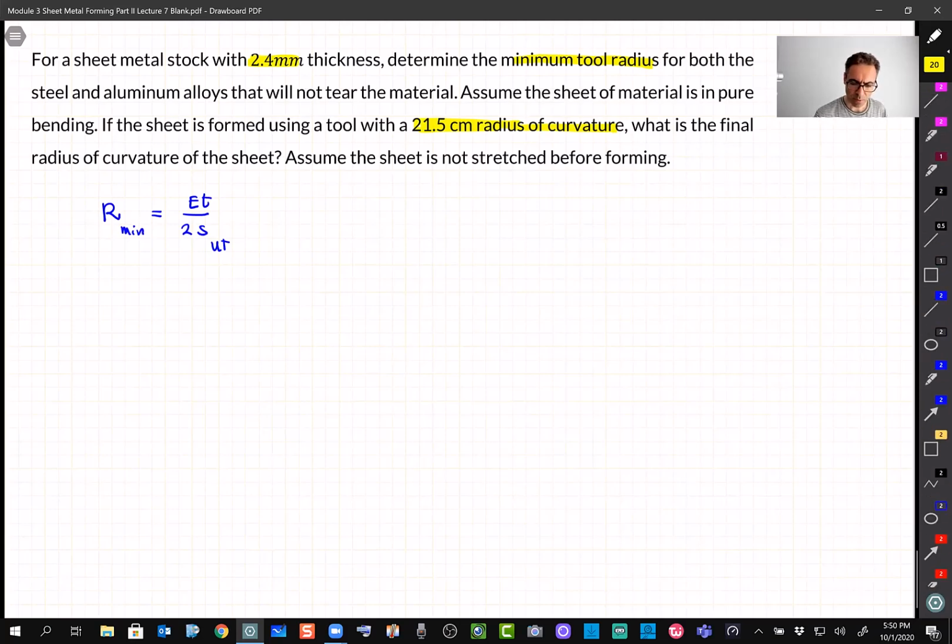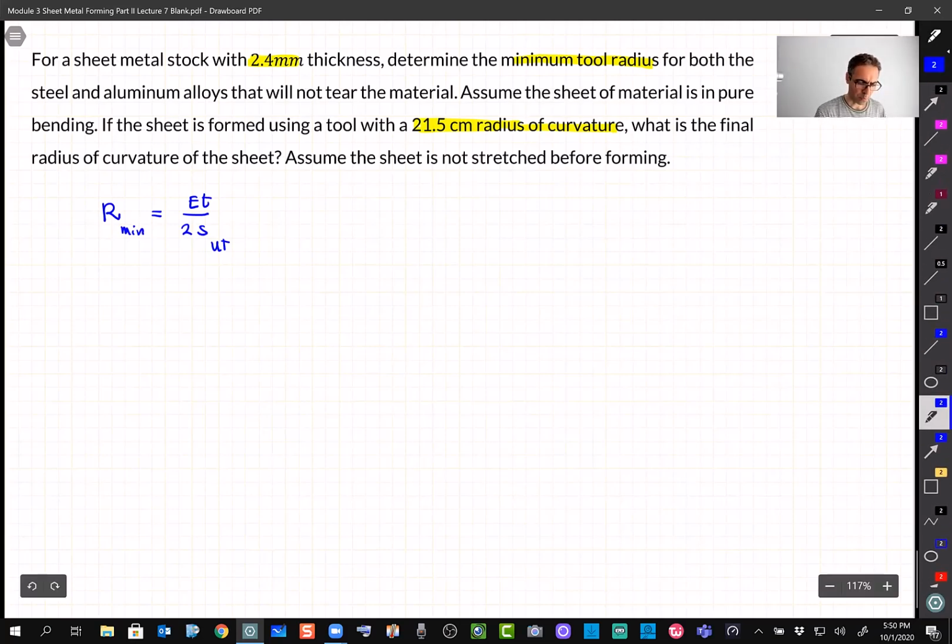So again, that one is easy. We want to calculate the final curvature, all right? So we know that our final radius is equal to 1 over K final. Somebody, I guess, is on mute.